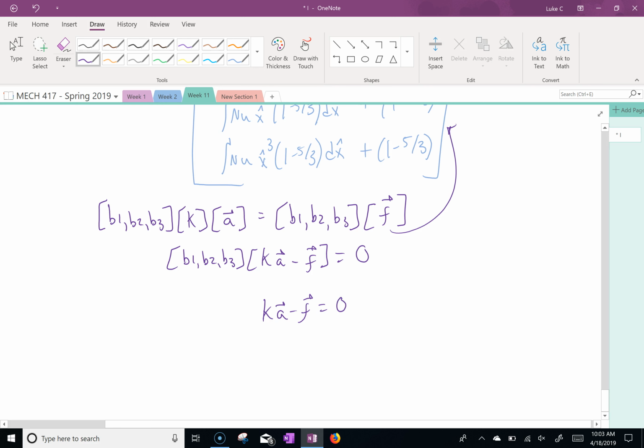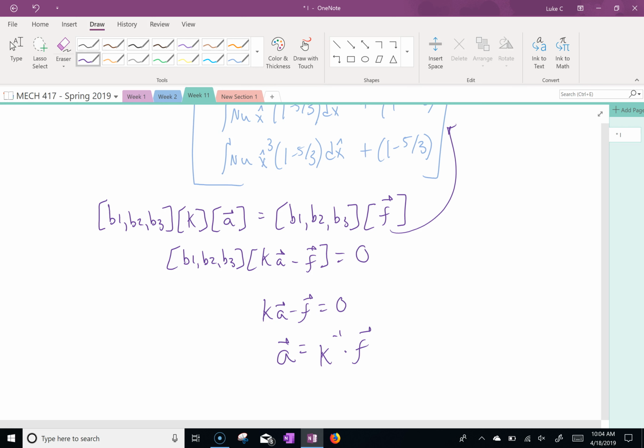Tell me how to find A now in linear algebra terms. You've done it on one homework, you've done it on direct formulation twice. A equals K to the minus 1 times F. Remember that? And what is A?